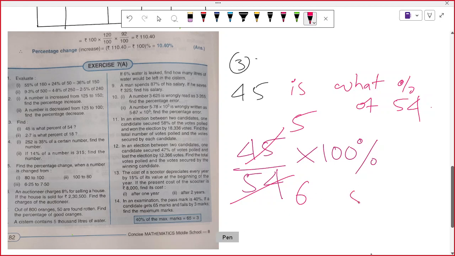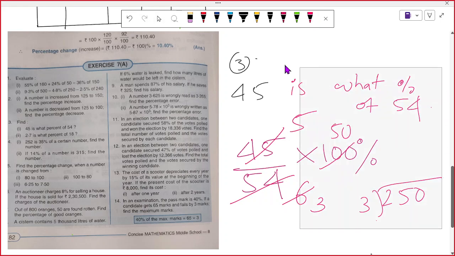It's 500 by 6, right? So you can cancel 6 and 100 also directly. 2 threes are 6. Calculate. 250 divided by 3.